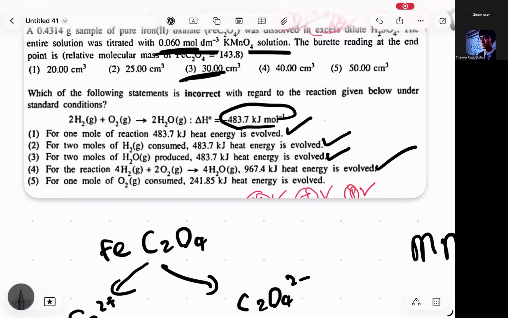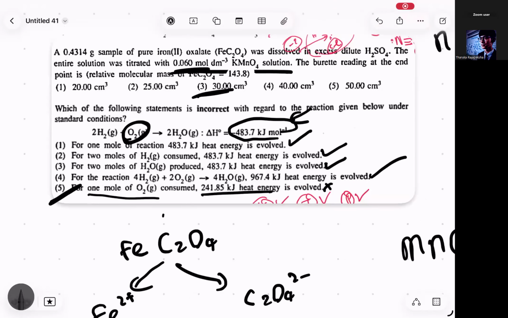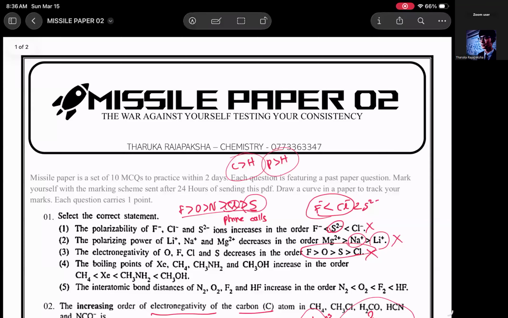For 1 mole of oxygen consumed, no, that is wrong. That's directly wrong, a very easy question. For 1 mole of oxygen consumed, the stoichiometry is 1, so 1 mole is reacted, and this will be the amount of energy released. So the fifth one is the answer. It's not a calculation actually. So here the answers are 3 and number 5.